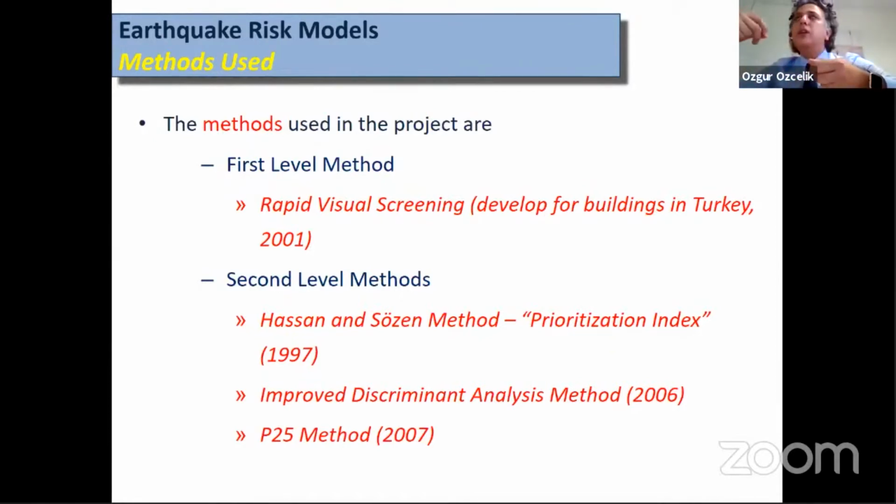So you have to develop specific methods for a specific country. For second level methods, we used 3 methods: the Hasan and Sözen method, improved discriminant analysis, and the third one was the P25 method. These methods were also specialized for Turkish building stock.